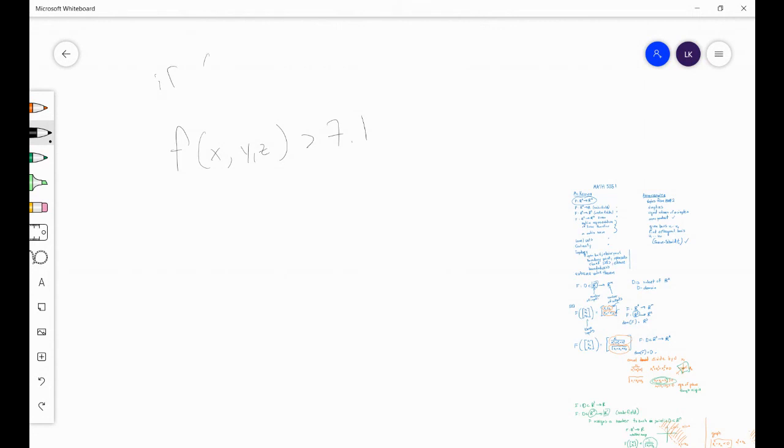If your point is close enough to (1, 2, 3), we can guarantee that the function is between 7 minus some small amount and 7 plus some small amount, but we can't guarantee that it's bigger than 7.1, only that it's less than 7.1. That makes sense. So this would be false.